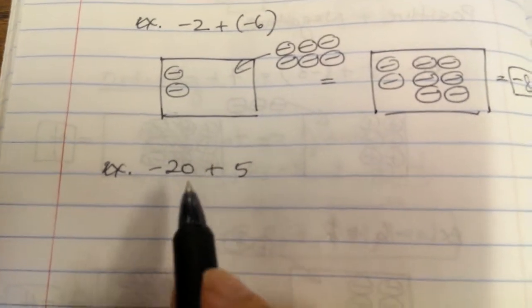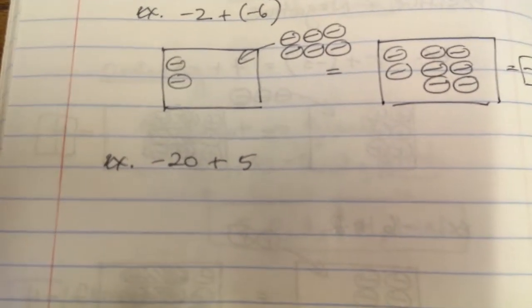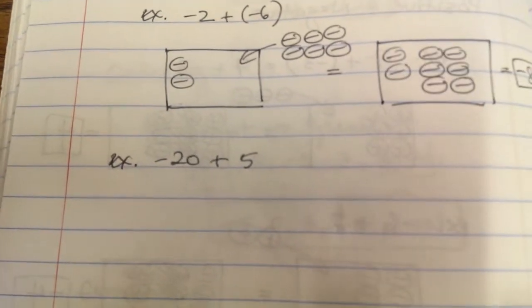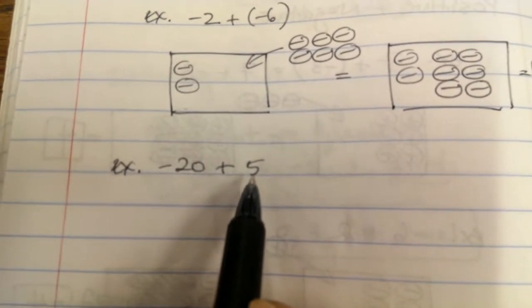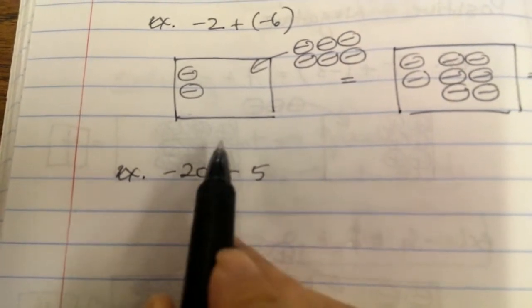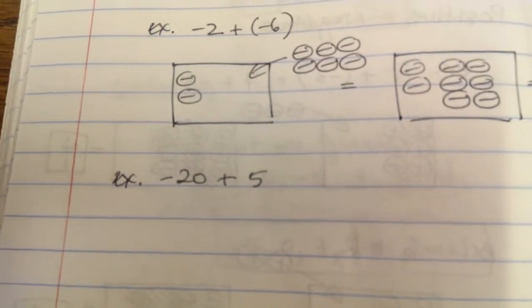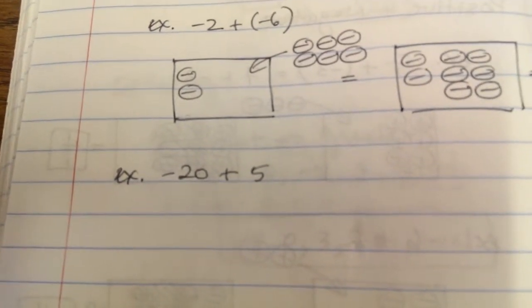If I add in 5 positives, what's going to happen? Well, when you have positives and negatives in your box, they cancel each other out. So these 5 positives that I'm going to add into the box will cancel out with 5 of the negatives. Now, does it cancel all the negatives? No, it does not.